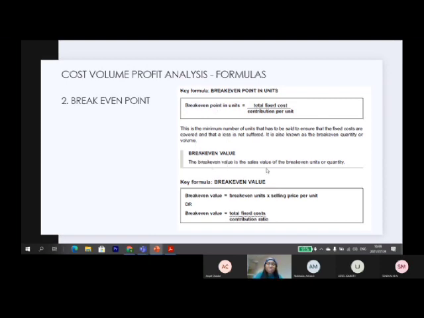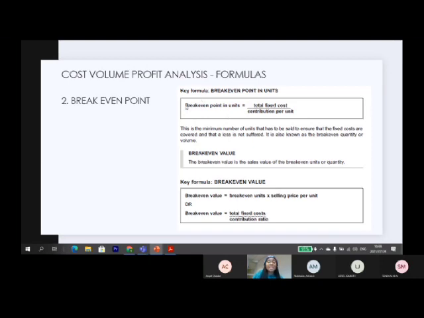Break-even value is just the value. Remember, this one will be in units, and this one will be in value. You're just making it into a total amount, not a cost. So also be alert. Sometimes when you are doing questions, they ask you to calculate break-even in units, then you know you are using this formula.